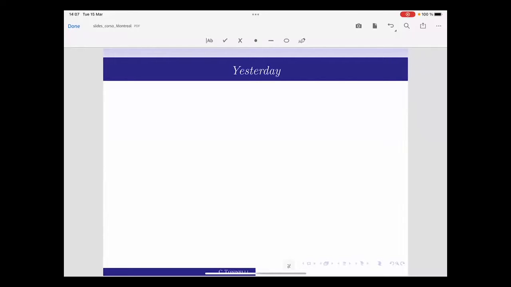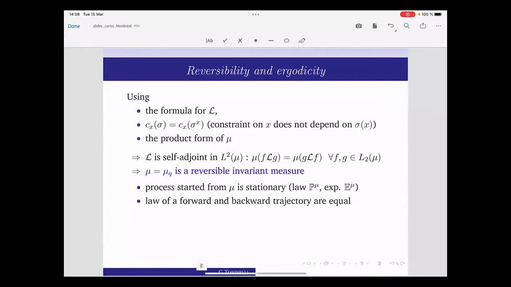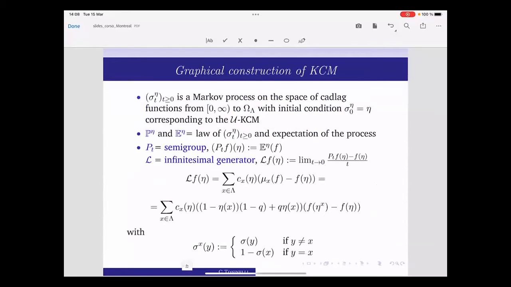What I meant to write here, sorry for the white slide, was that we had introduced our Markov dynamics and its generator. You just have to recall, for the remainder of this first part of the talk, that the generator of the Markov process corresponding to the East model acts on a local function as written here.